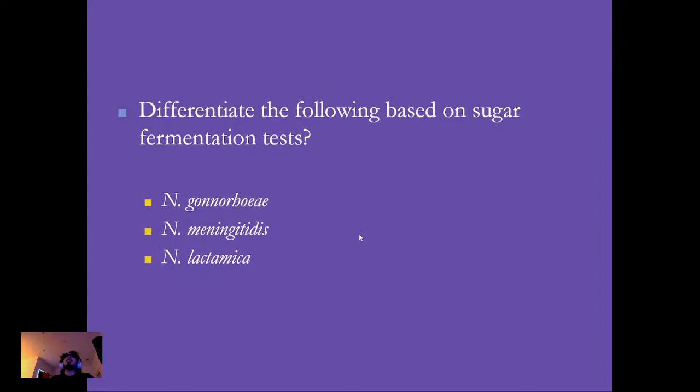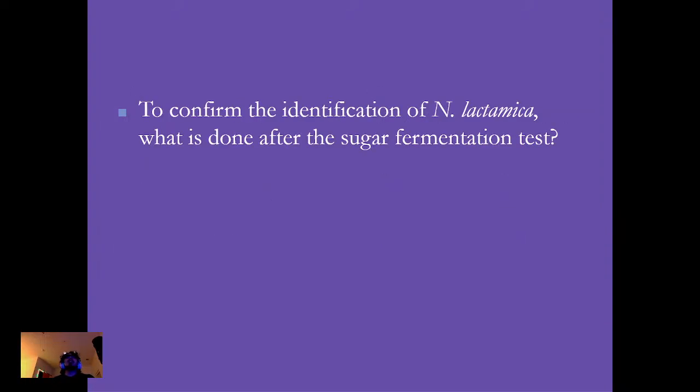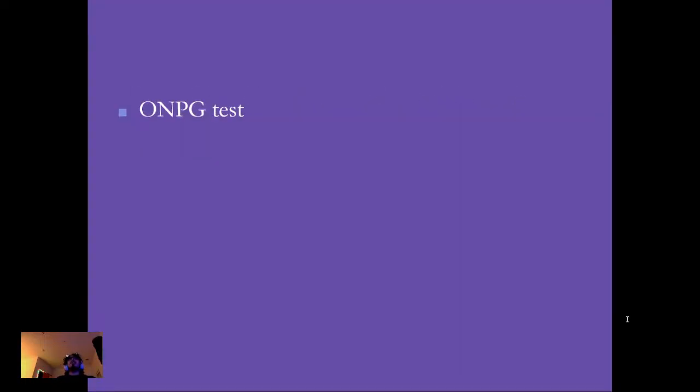Okay? So, how do we start that? Let's check first if it's finished. Next slide first. Okay? So, that's how it is, class. Don't forget the arrangement too. Okay? So, to confirm the identification of Neisseria lactamica, what is done after the sugar fermentation tests? What we do is an ONPG test, which we will discuss in Enterobacteriaceae.